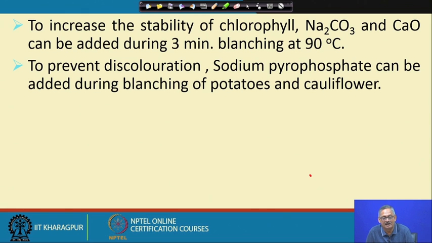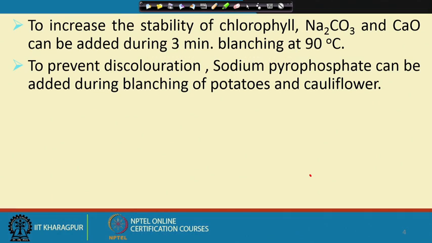Sodium carbonate and calcium oxide also can be added during 3-minute blanching at 90 degrees centigrade. In many cases, chlorophyll, the color of chlorophyll is green. So, for green food material, if the original is green, obviously you would like to have it green or close to the greenness as it is available in the normal or natural food.